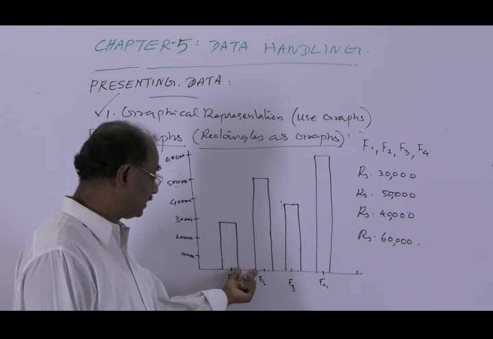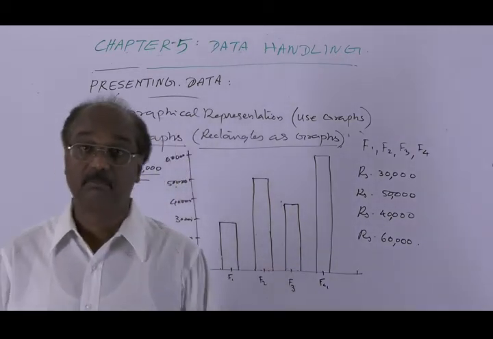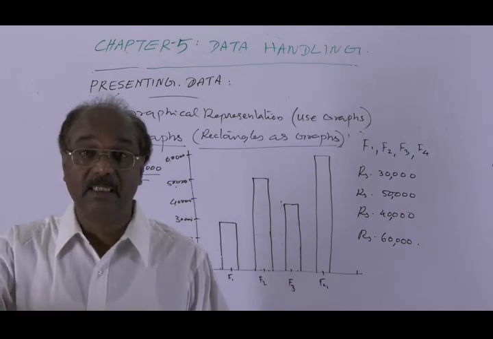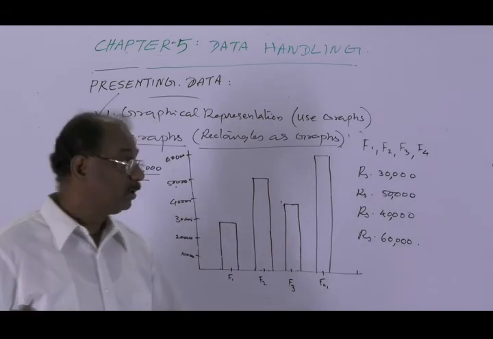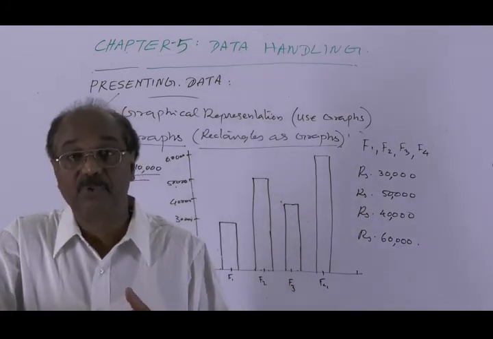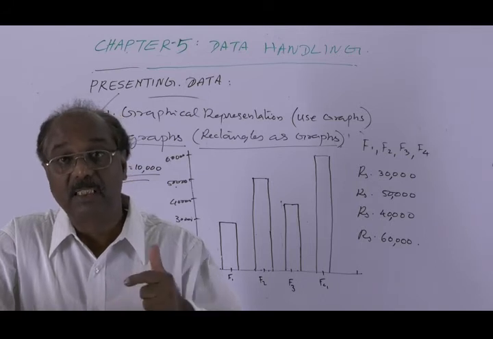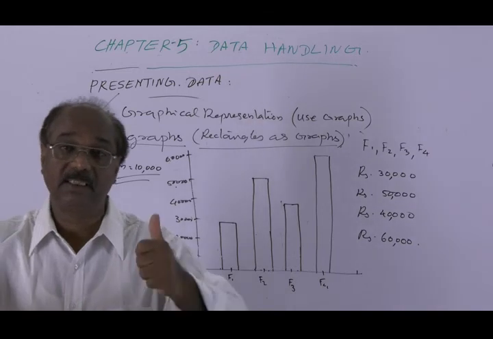This gap will be the same. So this is the bar graph corresponding to the families F1, F2, F3 and F4.